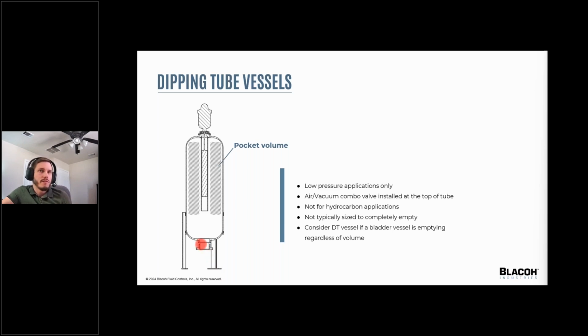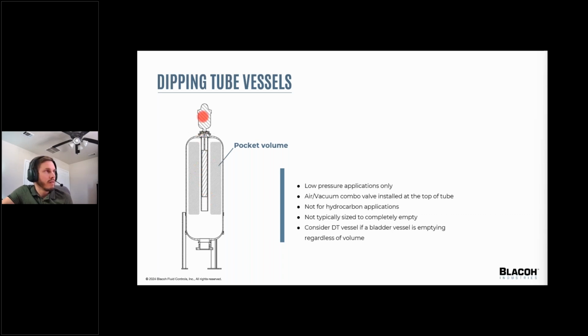When the liquid comes up to the tip of the tube, the pocket volume, or this annulus shape here, gets trapped and compressed. This makes the liquid rise quickly up the tube when the liquid goes up from the tip even further.